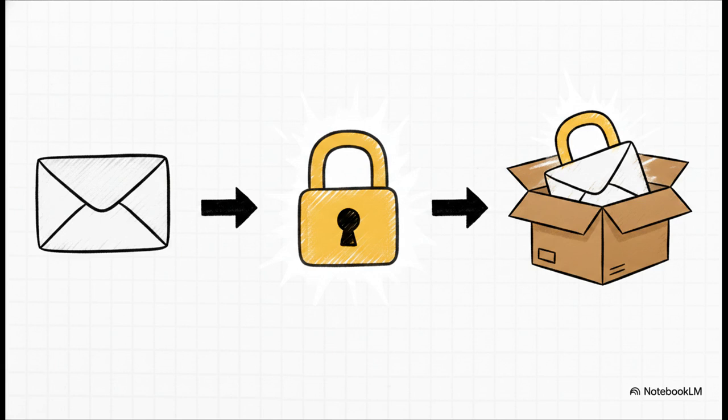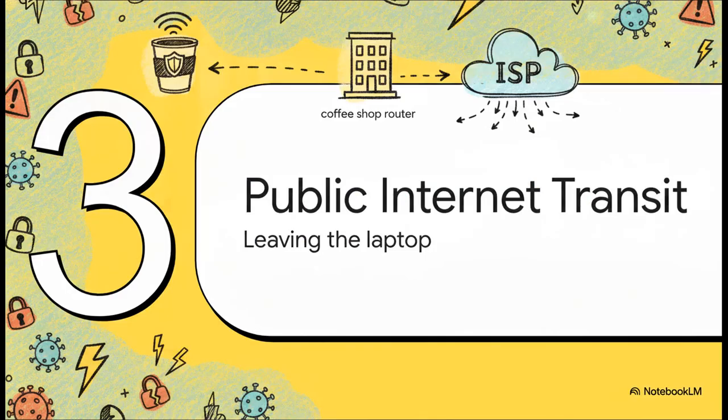It's basically tossing the data into an unbreakable digital vault. But it doesn't stop there. It takes that newly encrypted, opaque blob and wraps it completely inside a brand new UDP packet. This new outer packet has a totally new destination, the company's actual public-facing VPN IP address, in our case, 203.0.113.9, hitting port 51820.